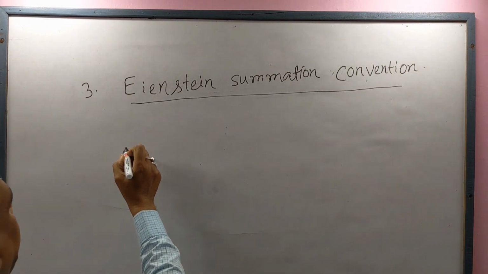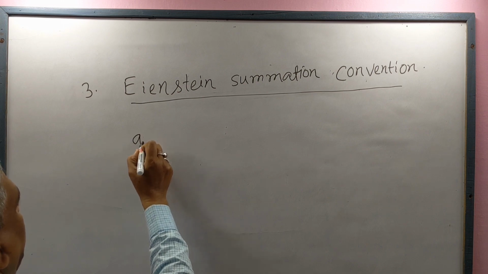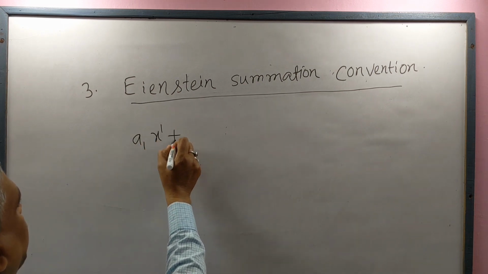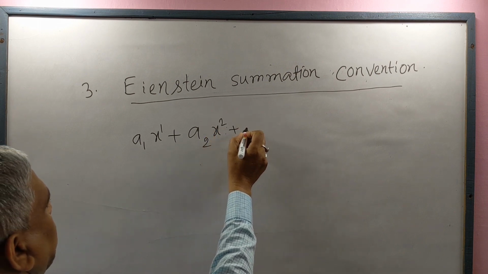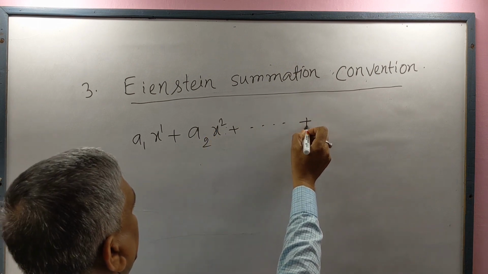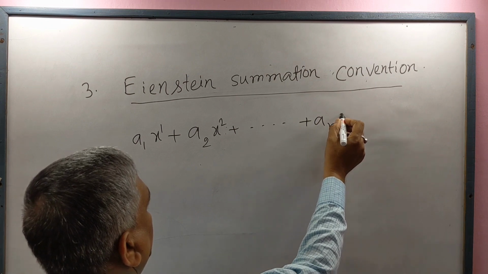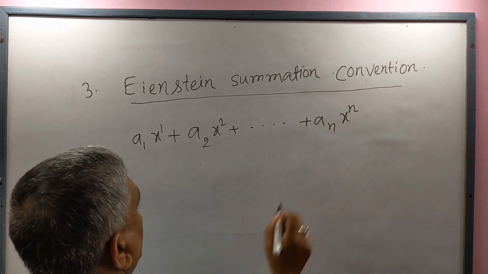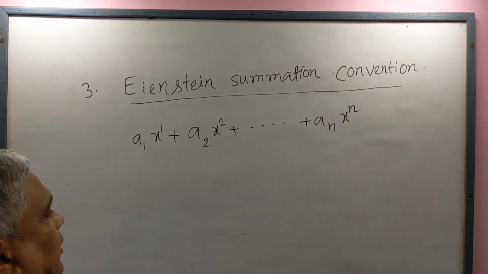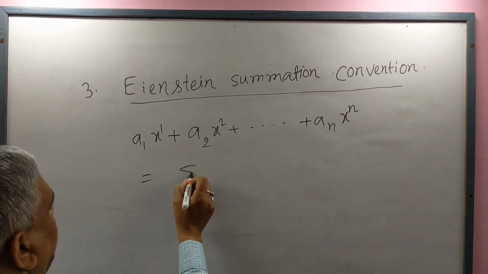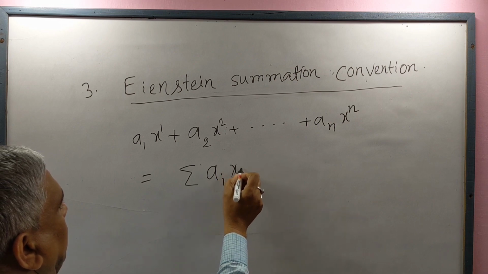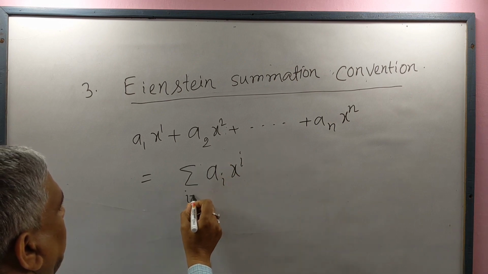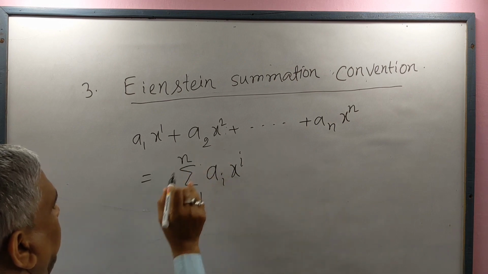An expression a1x1 plus a2x2 plus dot dot dot plus anxn is denoted by sigma ai xi, i equal to 1 to n.